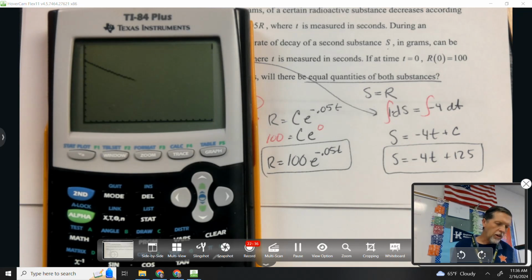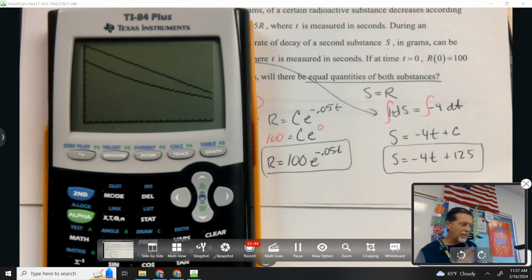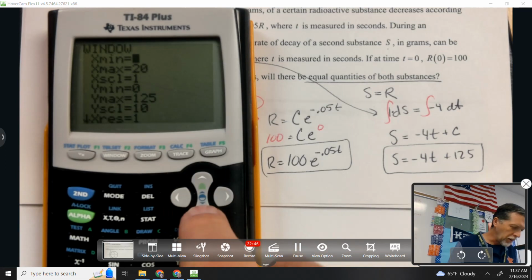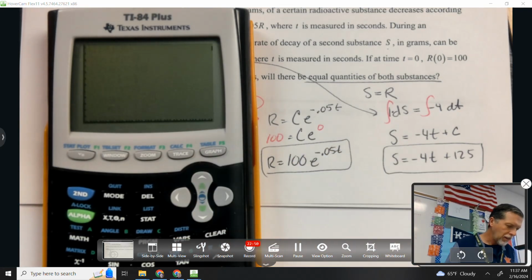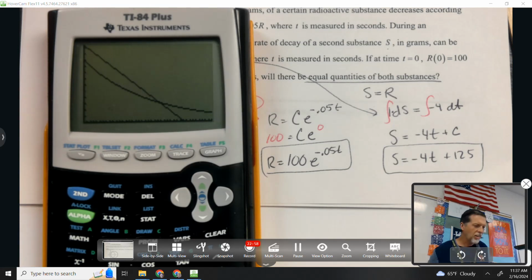So there's R, and then there's S. Oh, it looks like they'll intersect, but I need to look at more of the window here. So let's go out to 40 and see what we can tell. So there's R. There's S. There's their intersection.